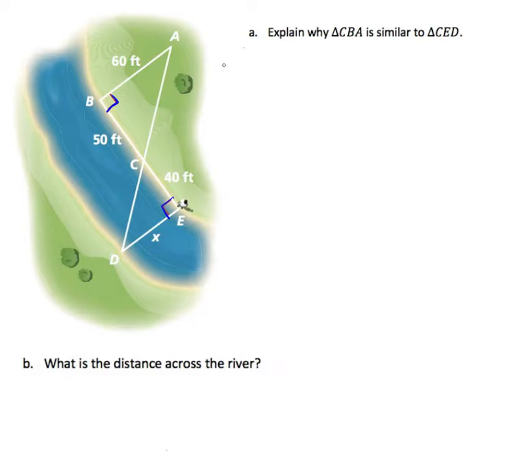So we can say angle B is congruent to angle E, and we can use the shortcut ones because there's no other main issues.